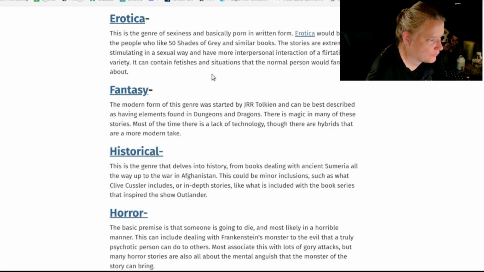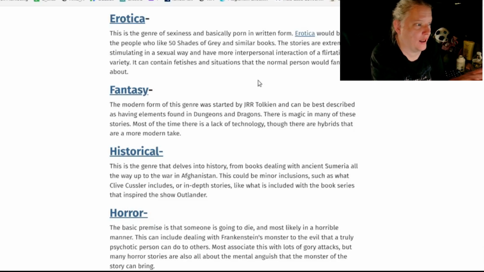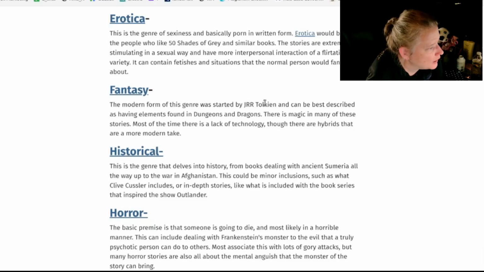It can contain fetishes and situations that the normal person would fantasize about. You can't do illegal stuff in here. If it's super taboo, it's not going to be in the erotica genre either.